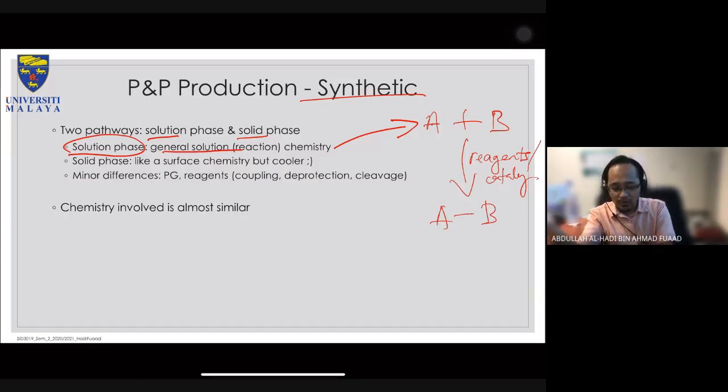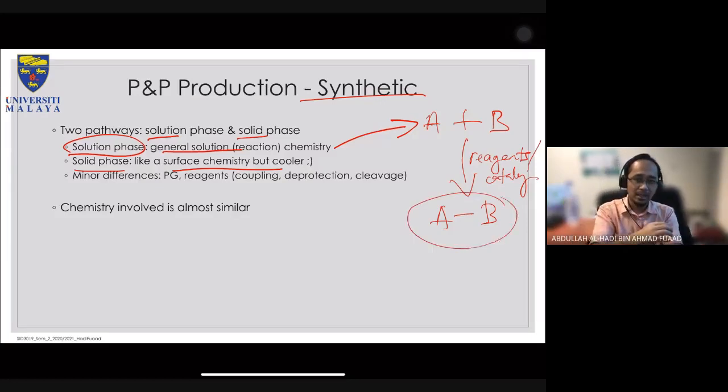Okay, a solid phase, on the other hand, is like a surface chemistry but cooler, in the sense that instead of just mixing, again, as I mentioned, if you have an A and B like this, if you mix them together, you can have 4 different diastereomers. Okay, but if you have a solid phase, what it means is that during your synthesis, the first step that you will have is you have a solid support, whereby the solid support has a functional group.